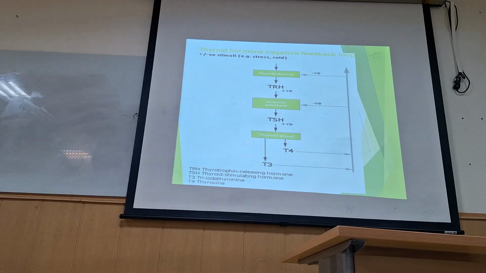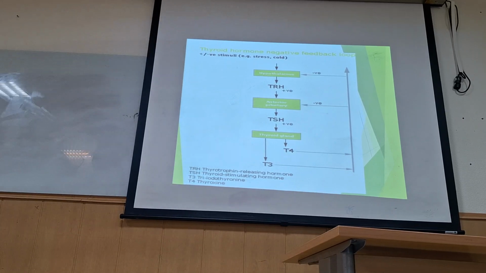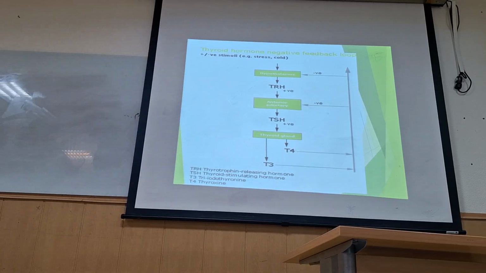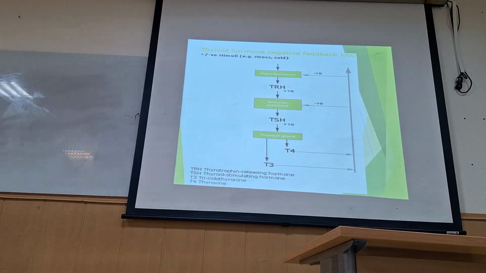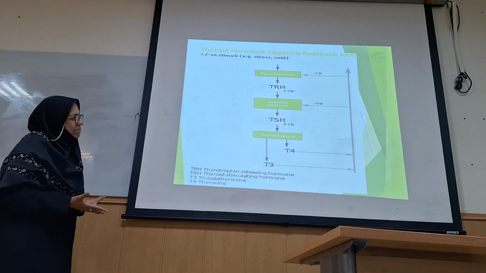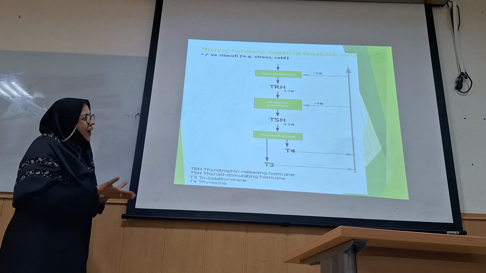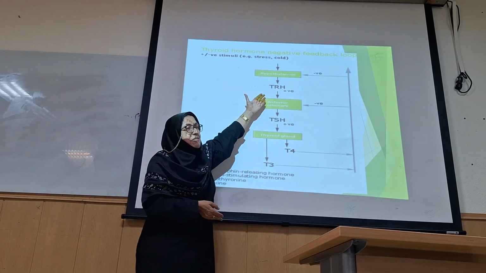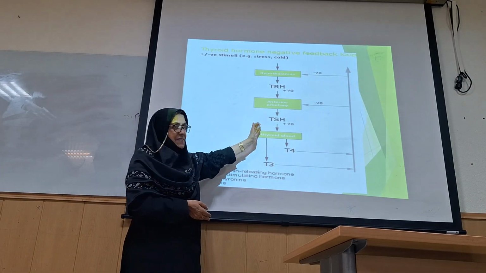I ask you, which of these sections is more complex for treatment? Hypothalamus, hypophysis, or thyroid gland? Hypothalamus. Okay. Maybe I have a very high level of T3. Maybe I have a very high or low level of TRH or TSH.